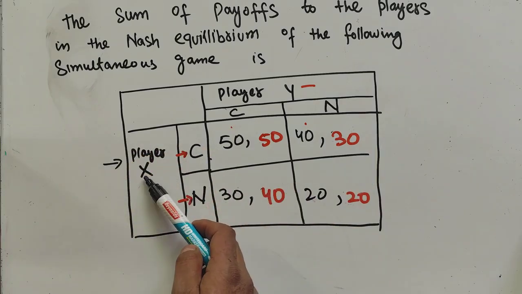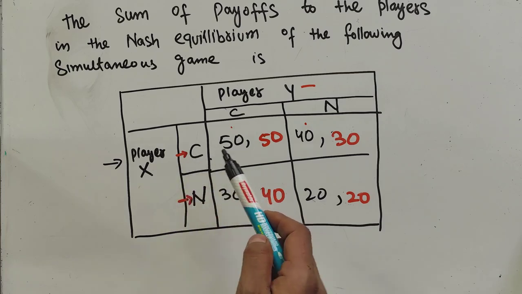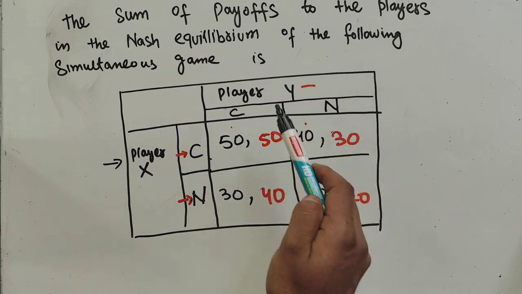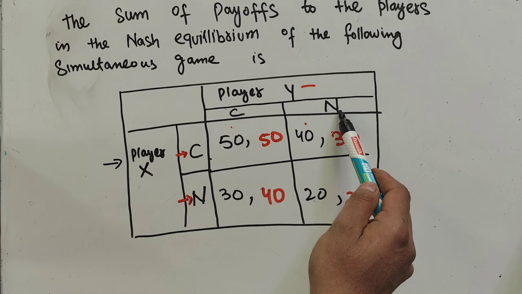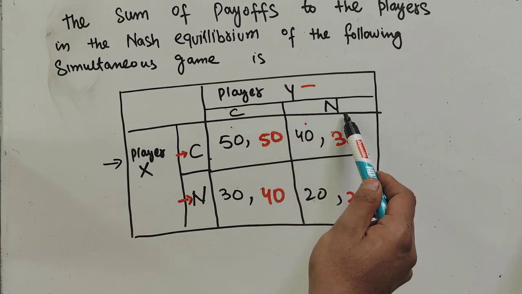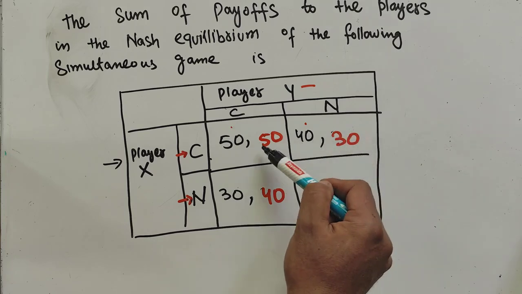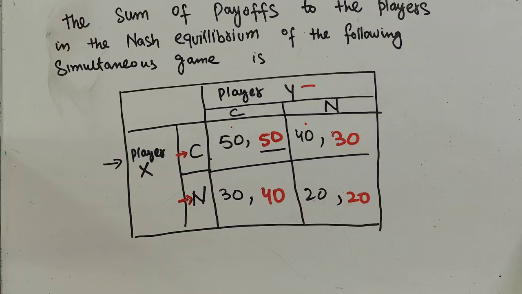Let us suppose player X cooperates. When player X cooperates, player Y has two choices, either to cooperate or not to cooperate. Cooperate gives him 50 as payoff, not to cooperate gives him 30 as payoff. Obviously 50 is greater than 30, so let us underline this.